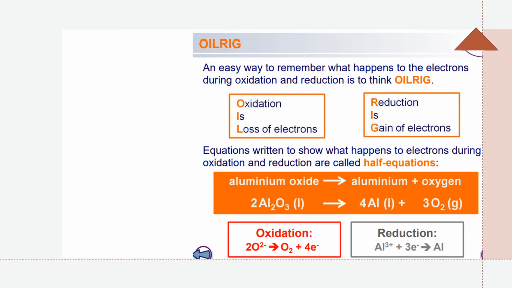For aluminium oxide to aluminium plus oxygen, or 2Al2O3 liquid to 4Al liquid plus 3O2 gas, the half equation of oxidation can be written as 2O2- to O2 plus 4 electrons. For the reduction half equation, we can write Al3+ plus 3 electrons to Al.